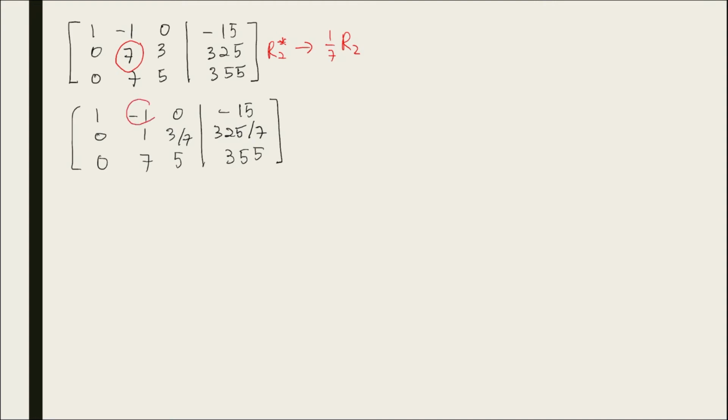So the next step is to change the other numbers in the second column to 0. So how do we change negative 1 into 0? It's obvious that it is row 1 plus row 2. And how do we change 7 into 0? It is row 3 minus 7 times row 2.